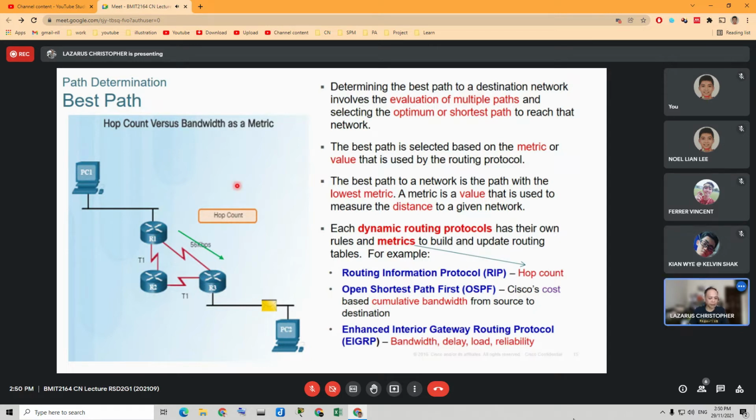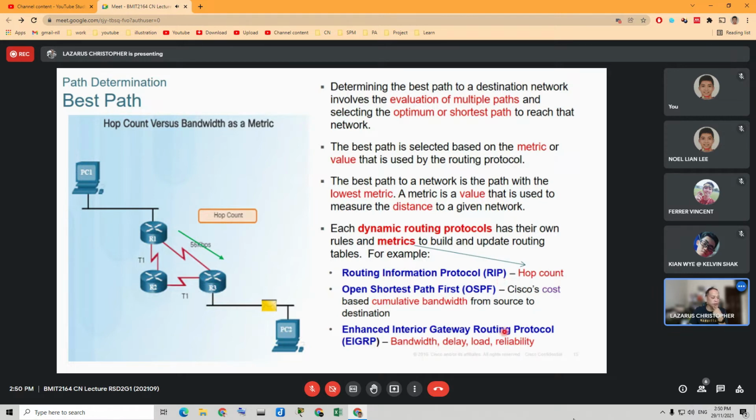Yes, correct. That's why I said just now, I gave an example. Someone probably likes no traffic jam and decides on the shorter path, right? So it depends on you. You have to decide as the administrator which one you want to use, RIP or OSPF or EIGRP, because of their metrics.